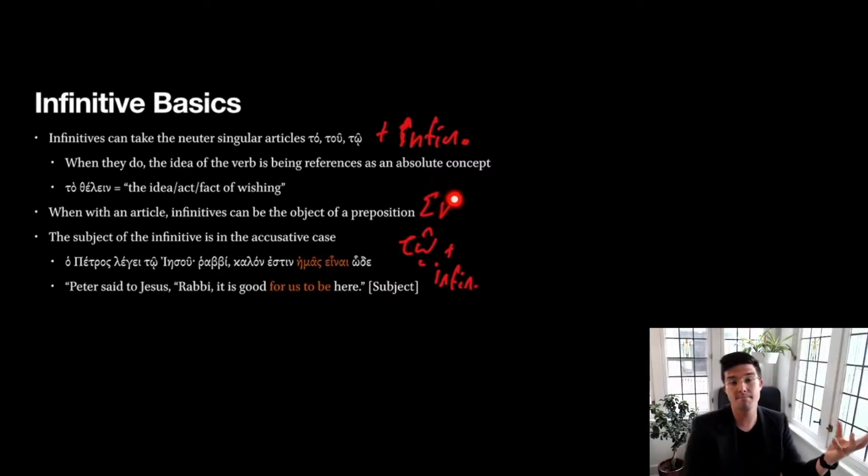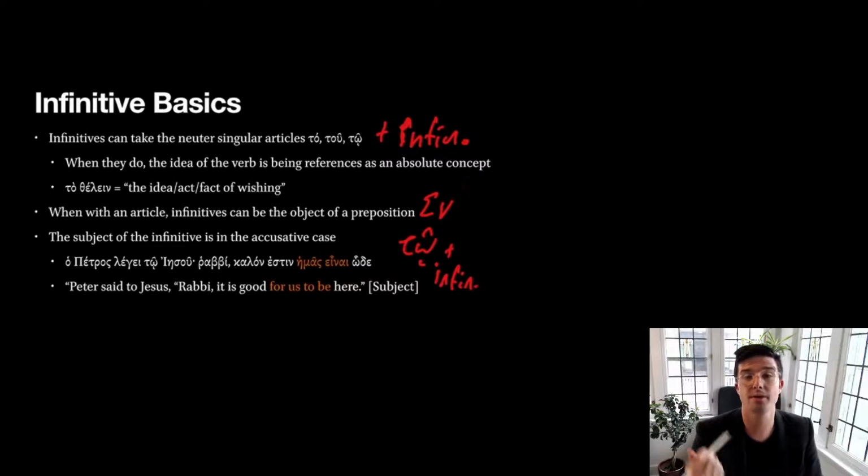Sometimes the meaning of the preposition will remain the same. So you might have something like peri plus to, the genitive definite article, plus the infinitive, and peri is still going to mean something like about or concerning, but we're also going to see that certain prepositional phrases with the infinitive have special meanings that we'll talk about in just a moment.